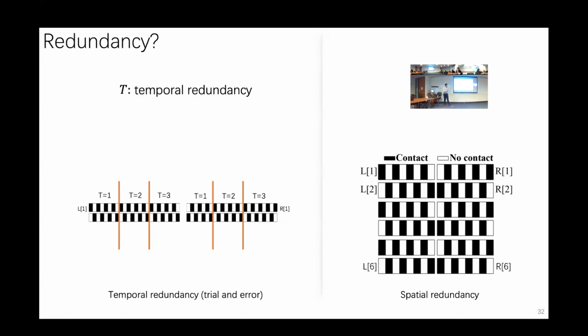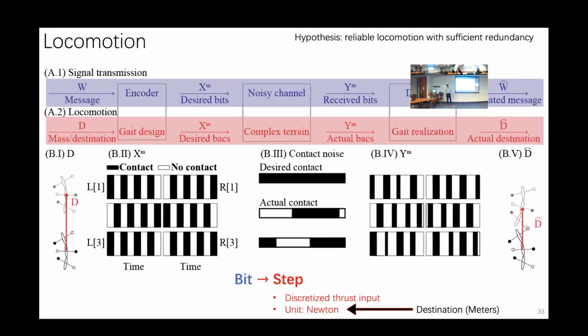In other words, spatial redundancy serves as a mechanism similar to a moving average filter against the environmental perturbation. Of course, the spatial redundancy is evaluated by N, the number of legs. So we have defined the redundancy.